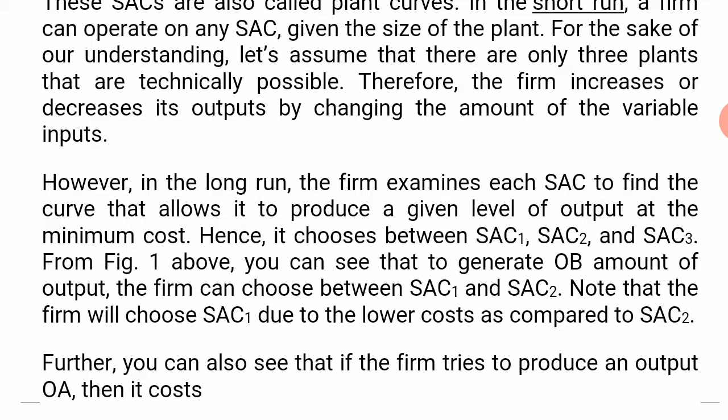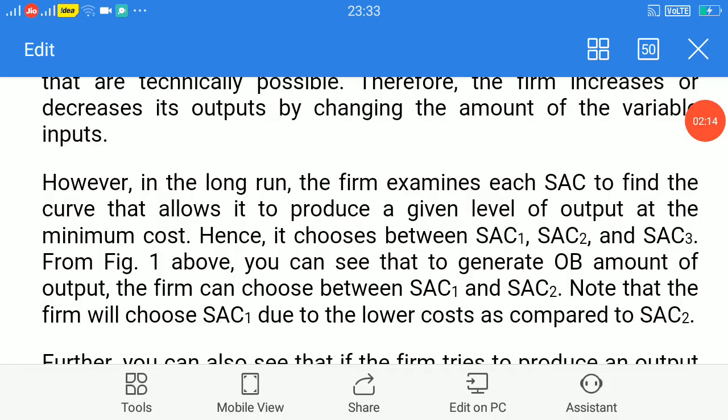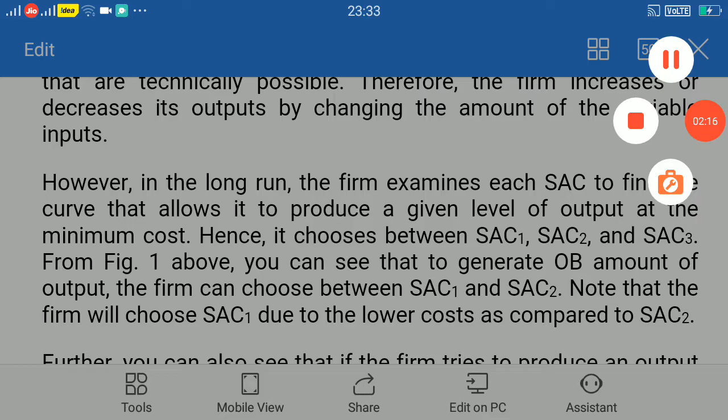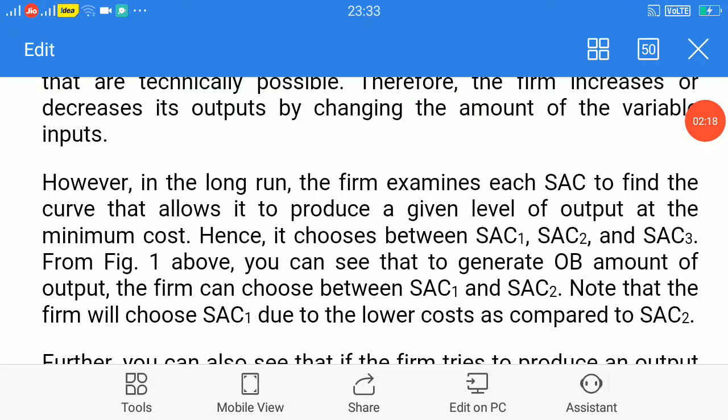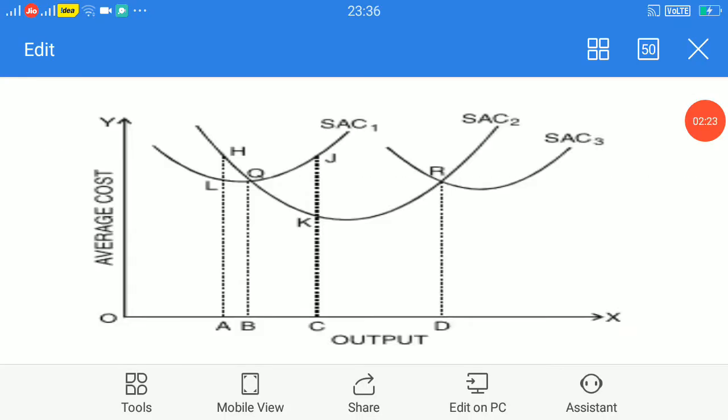However, in the long run, the firm examines each SAC to find out the curve that allows it to produce a given level of output at the minimum cost. Hence, it chooses between SAC1, SAC2 and SAC3.